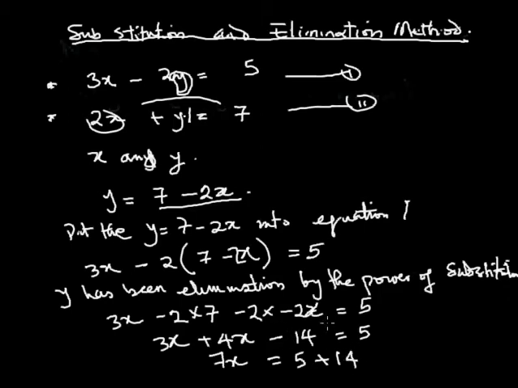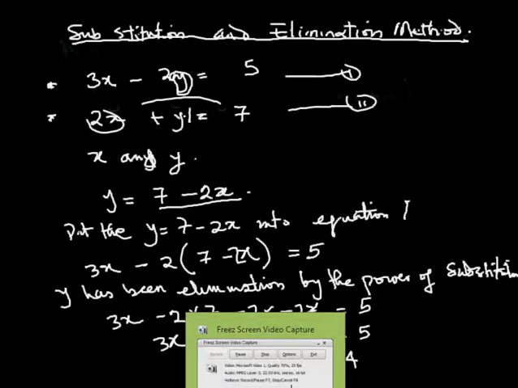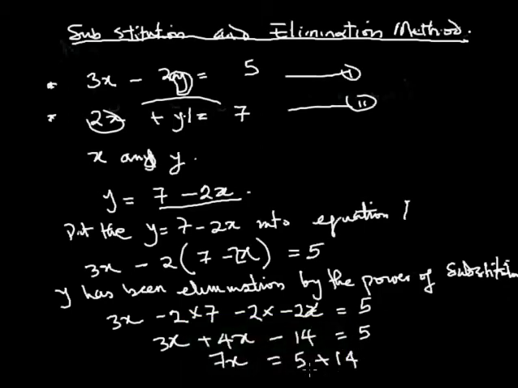The 14 is going to cross to the other side. Now what we're going to have is 7x is equal to 19. Therefore, the value of x is equal to 19 over 7.